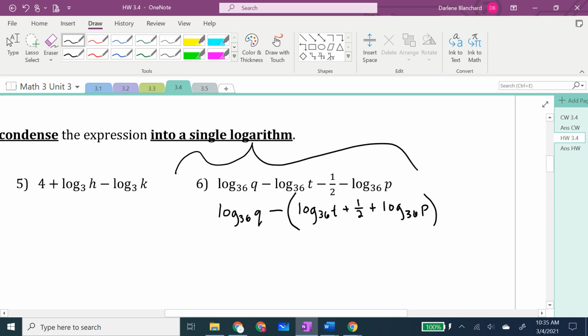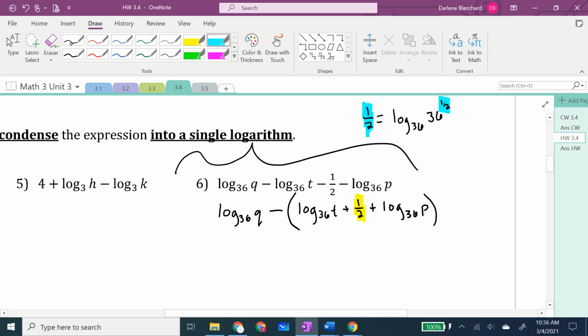In order to work with this, though, I have to deal with the 1/2 that's adding that isn't in a logarithm. And if you look at the base that is being used, 36, you can rewrite any number as a log with a base of choice, use that same number as an input, but the exponent needs to match.